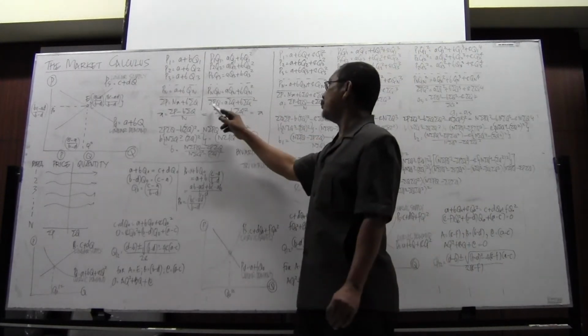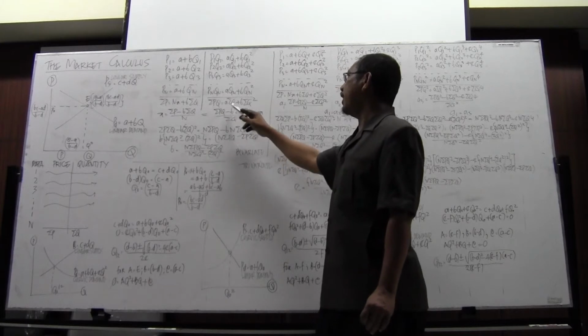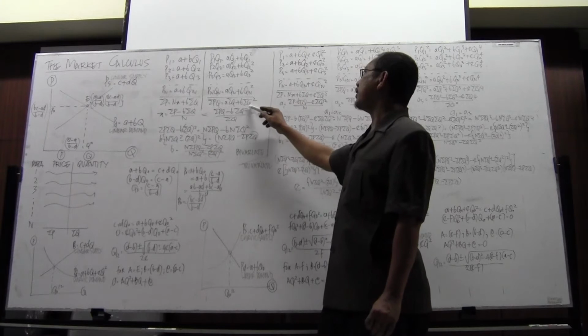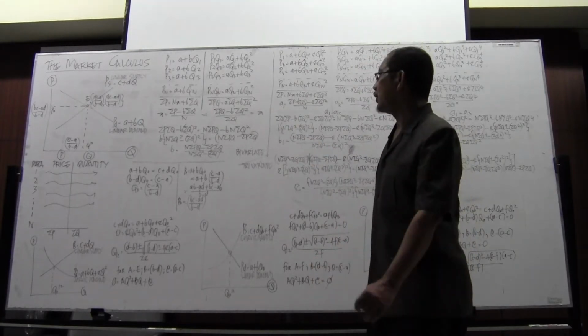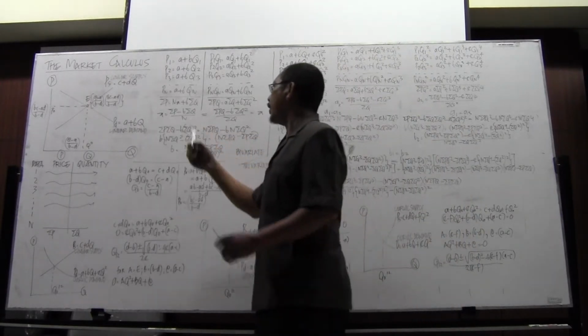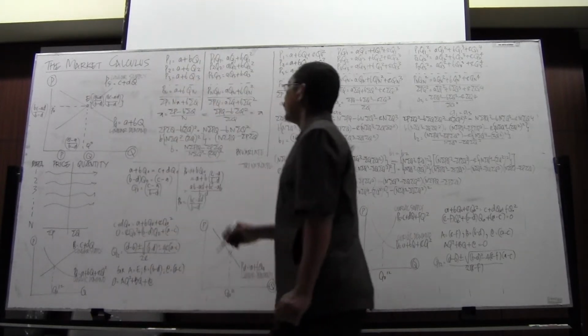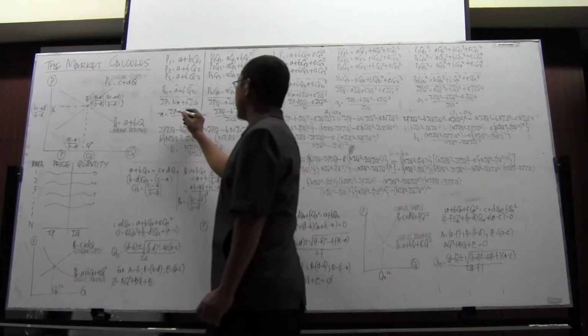So the total of P times Q is A times the total of Q added by B times the total of square Q. So then we have two kinds of A here. We have one A at the left and another A over there.